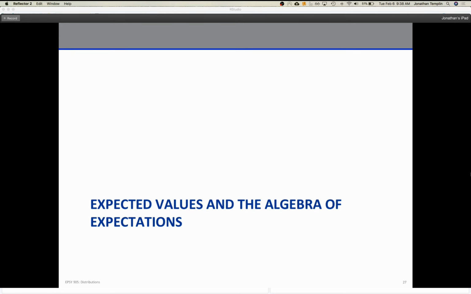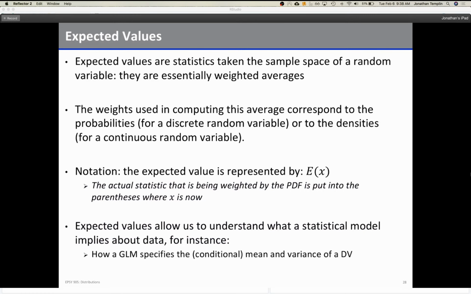Okay, moving on. We're going to talk about expected values and algebra of expectations. This is really where we're going to get into why GLHT works. Expected values are means, put another way. They are statistics that we look at, a sort of theoretical mean. If we take a sample space of a random variable, and we provide a weight to each value of that random variable, then the expected value is the weighted sum or the weighted integration of that random variable.